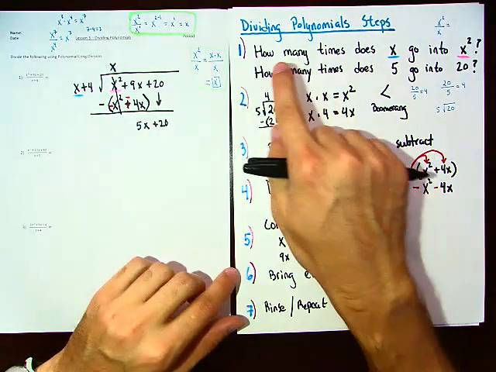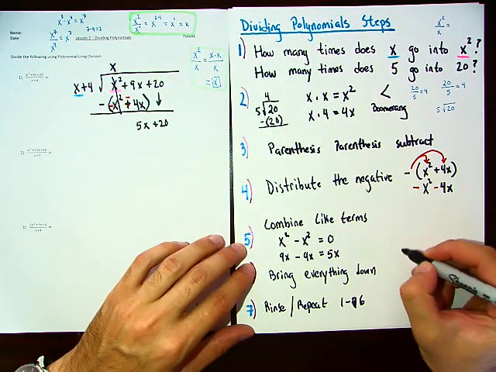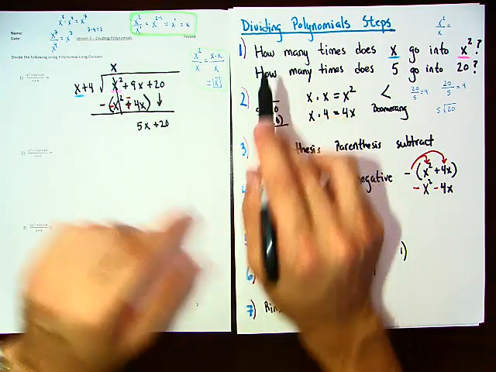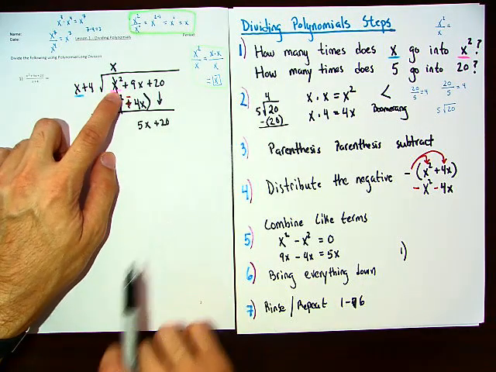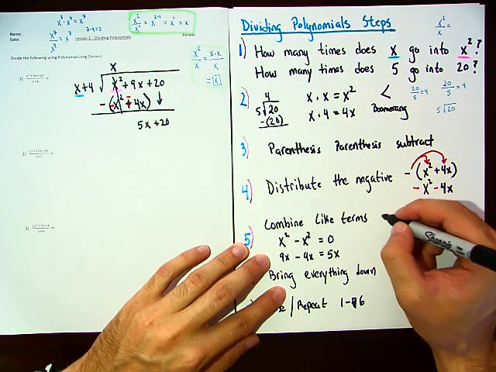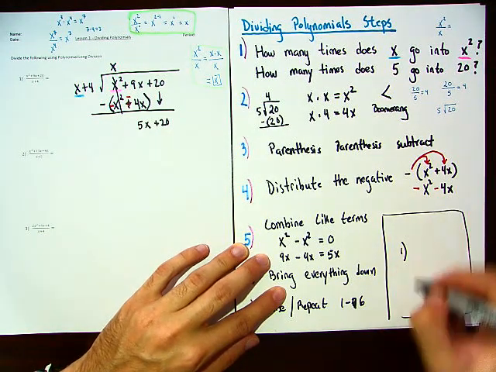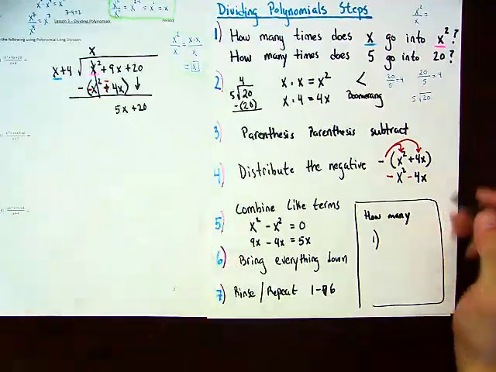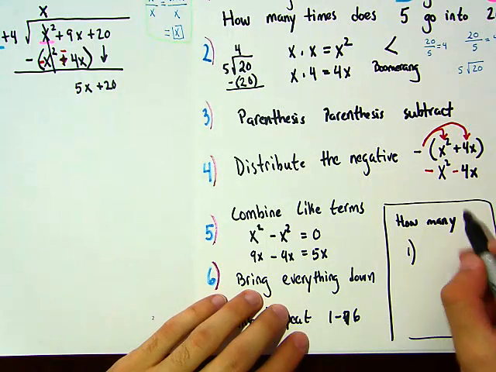Notice that if we're going to repeat 1 to 6, how do I do part 1? Part 1 was how many times does this x go into this x squared? Now I'm going to say, and I'll write it over here, right? It'll be how many, and let me just zoom in a little bit. So try and focus here.